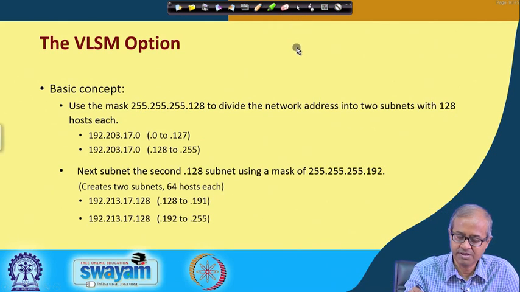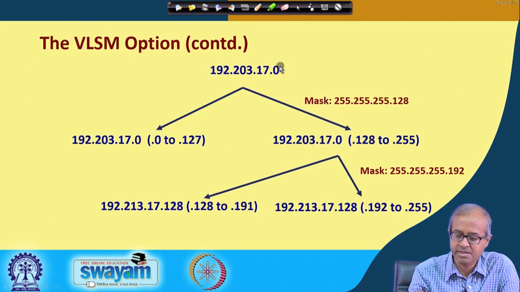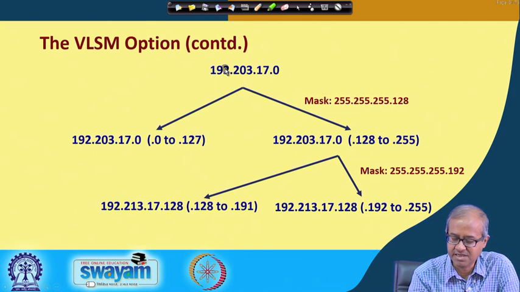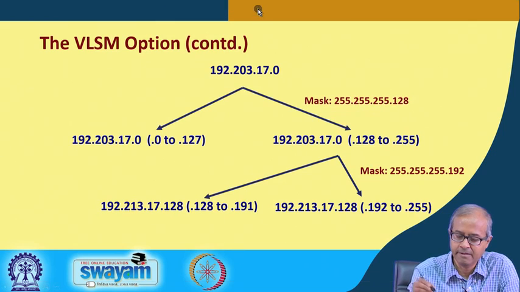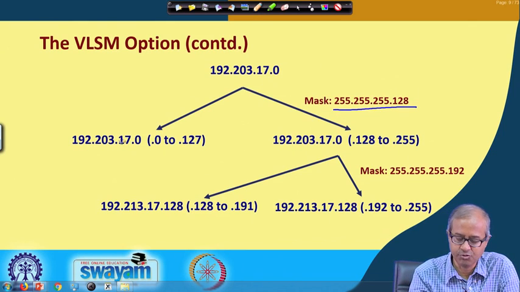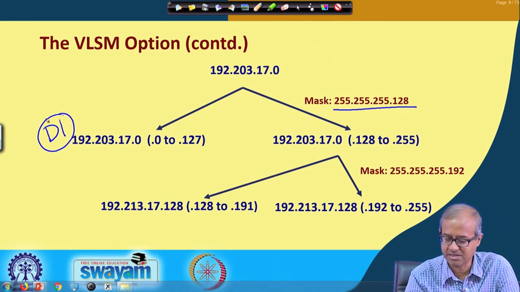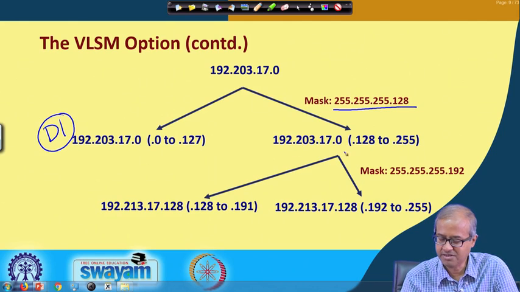So, let me show it diagrammatically. This was my original class C. First I use a mask of this, I divide it into two parts. One part I assign to department D1, D1 is done. The next part, where the host address is 128 to 255, I use the second mask.